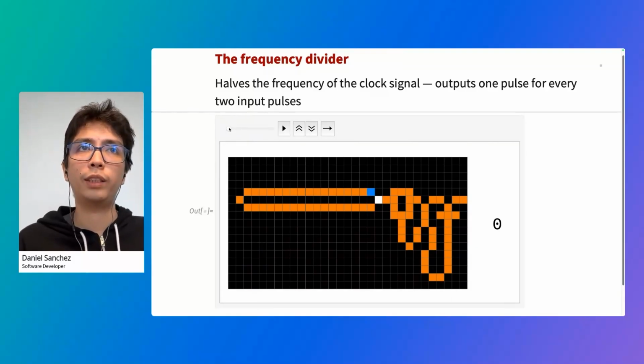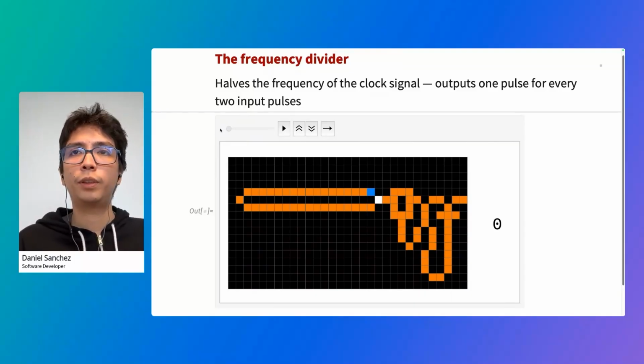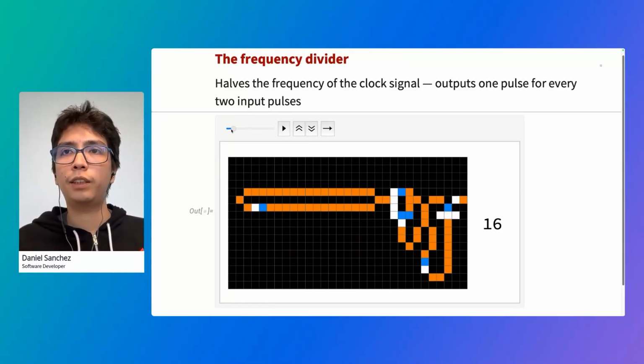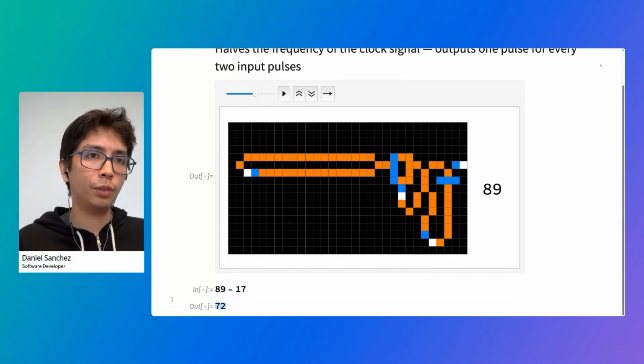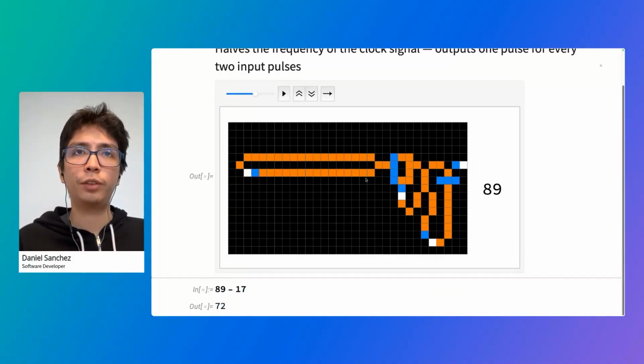So twice the period. So you will see that the first electron being emitted here is at generation 17, and then also at generation 89. So if you subtract that, it's 72, which is twice the period of the original emitter.